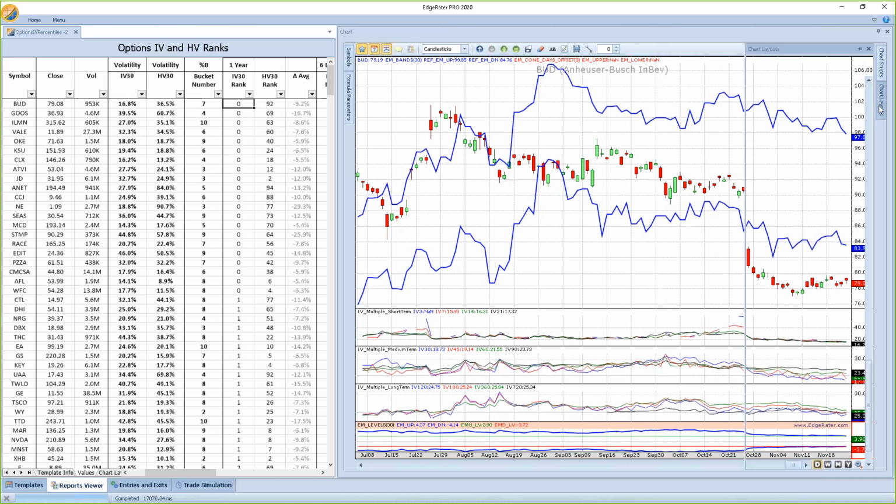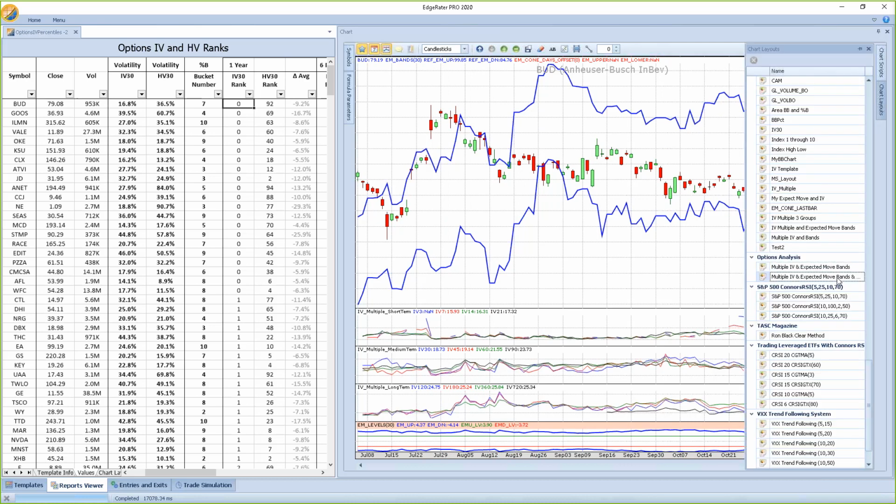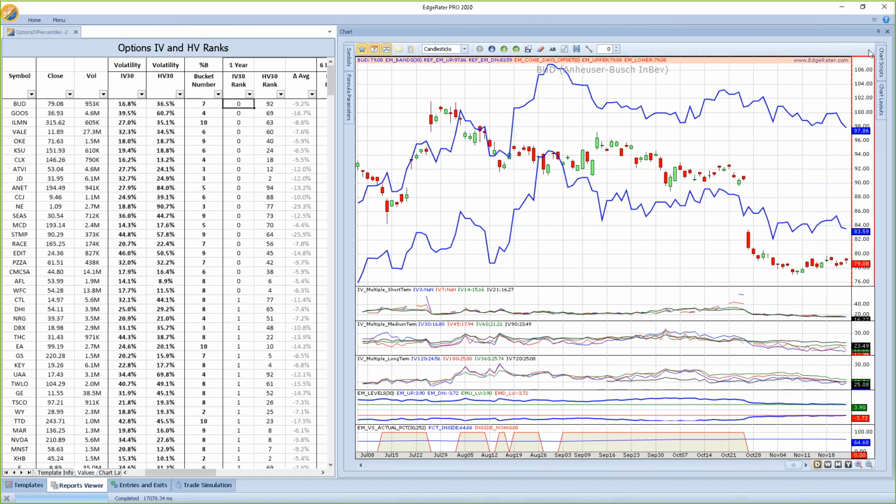This one isn't yet in the system, but this will show you the percentage of time that price is within the expected range. And right now, that percentage is 64% of the time over the last 1 year. 64% of the time, Anheuser-Busch has stayed in its expected range.